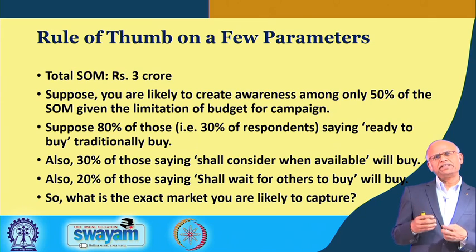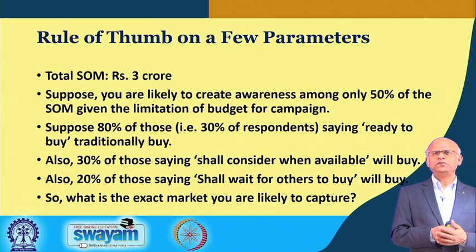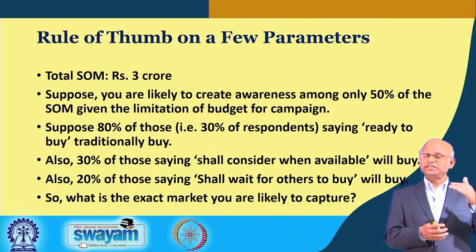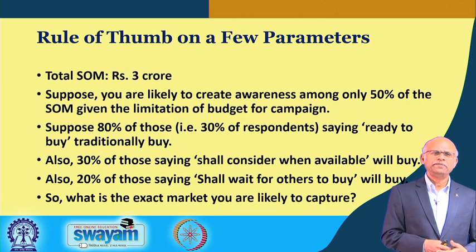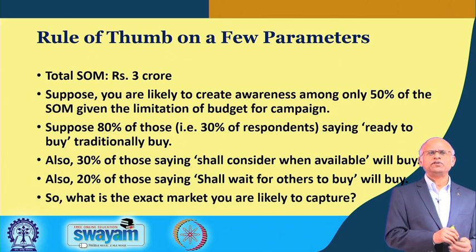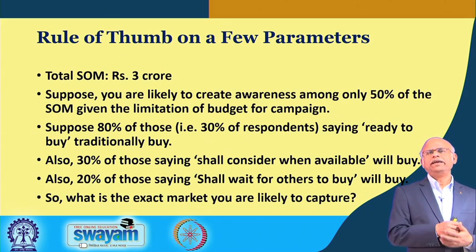And for people who say they shall wait for other people to buy, only 20% of them get converted into real buyers. So, you have these 3 data points, which are rules of thumb, and they actually work. They do not go absolutely haywire, they really help.